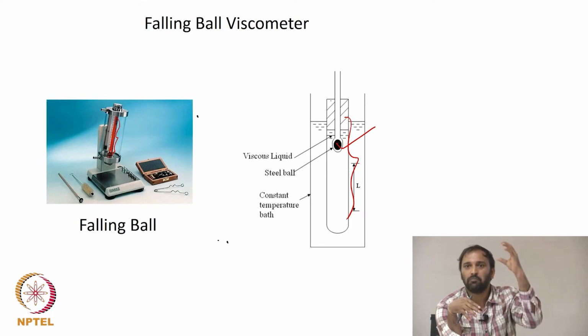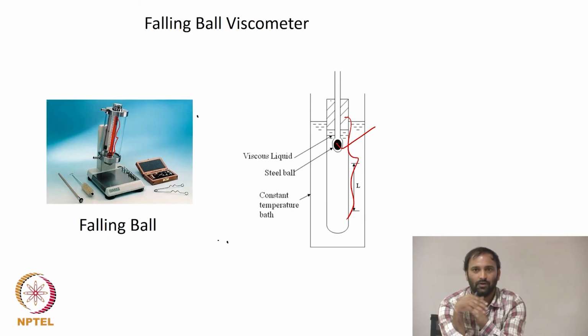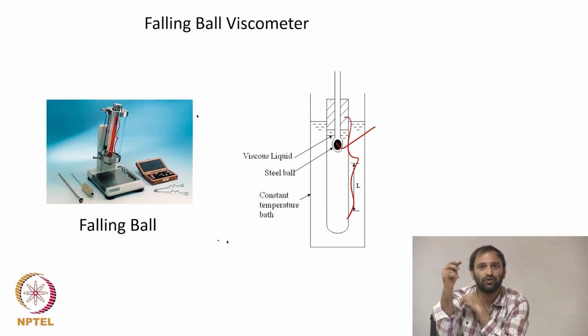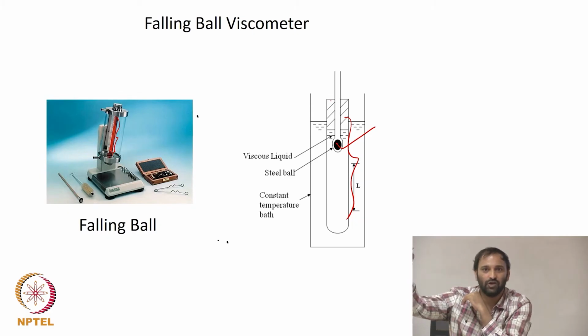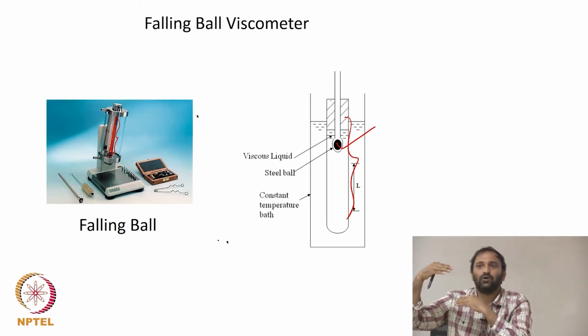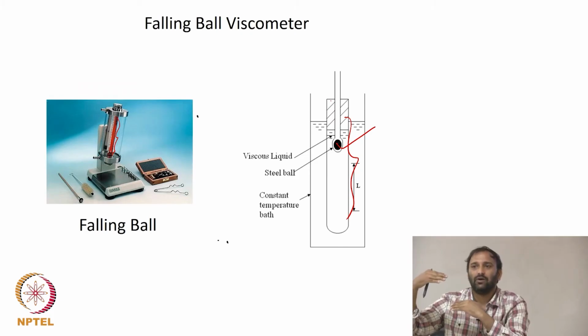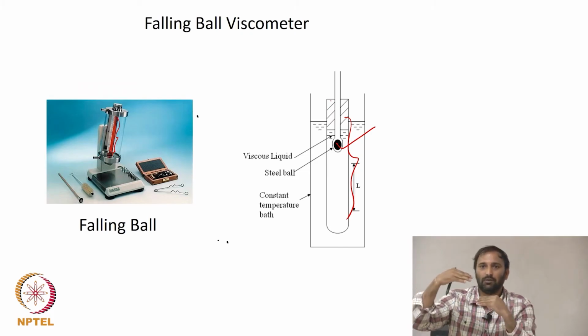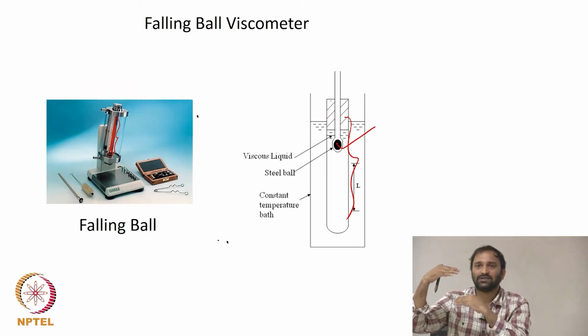If you plot the velocity as a function of time, it's going to increase initially and then remain constant. That's when your terminal velocity is reached. So I would have to have some way of measuring the velocity of the ball that is falling at successive positions.